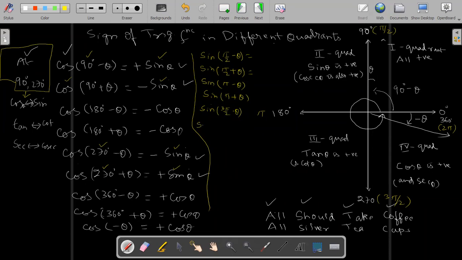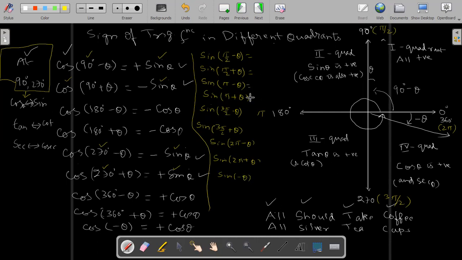Then sine 3 pi by 2 plus theta. Then sine 360 minus theta, that means 2 pi minus theta, then sine 2 pi plus theta, then sine minus theta. These values we have to find out.